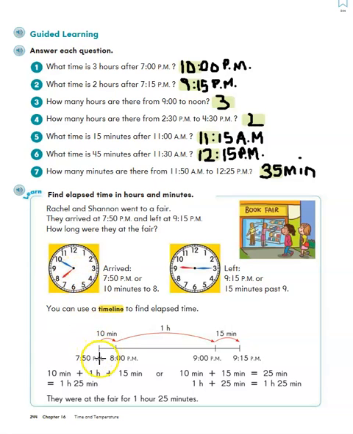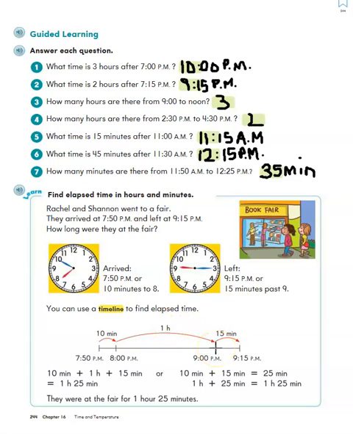And then we want to get to a nice friendly time. We know that 7:50 p.m. is only 10 minutes away from 8 o'clock, and 8 o'clock is a nice friendly time. So we want to make our first jump to 8 o'clock p.m., and that's going to be a jump of 10 minutes there. Okay, so now we're at 8. We know we have to go to 9 something, right? So we can go from 8 all the way to 9. So that's a long jump of a whole hour. So there's our hour up top.